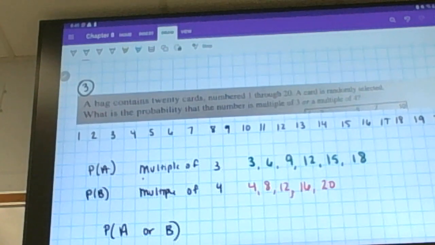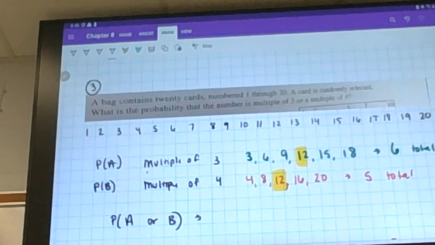Now, if the word was and, we would be multiplying these probabilities together. This word is or. So we have a number in common. There's one shared outcome, so this is overlapping. When things are overlapping, you have to subtract the number that overlapped. So this one was 6 total, and the probability of B happened 5 total.